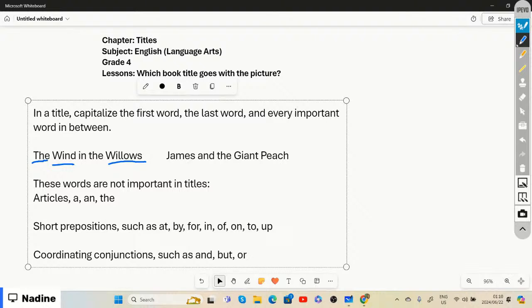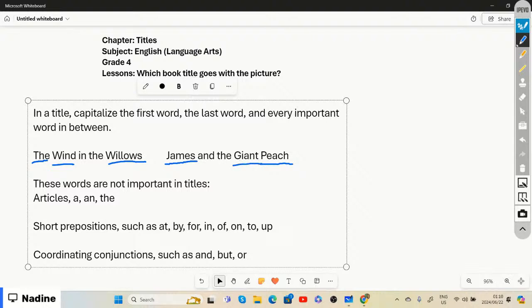Let's look at the second one. It says James and the Giant Peach. So, what we do is when we capitalize our title, we capitalize James, we capitalize Peach, and what is important is Giant, right?